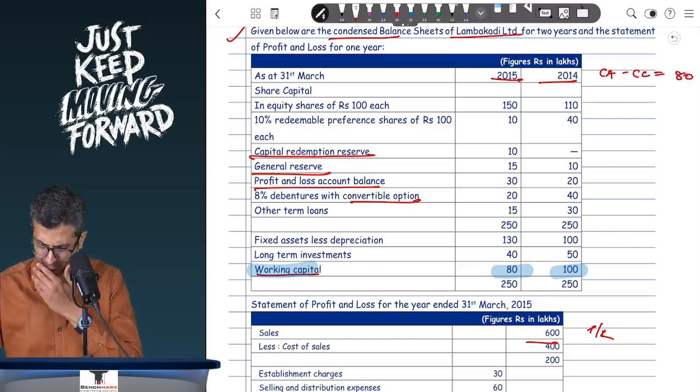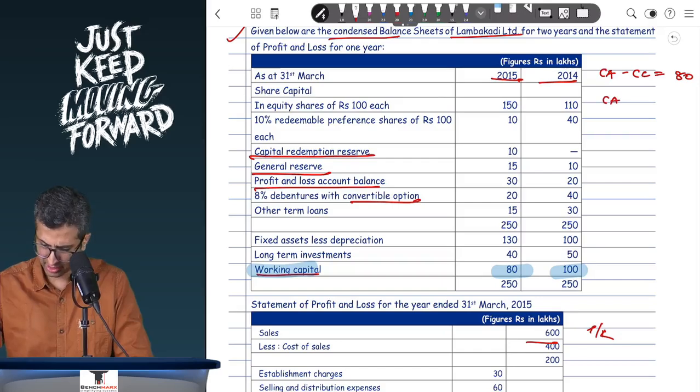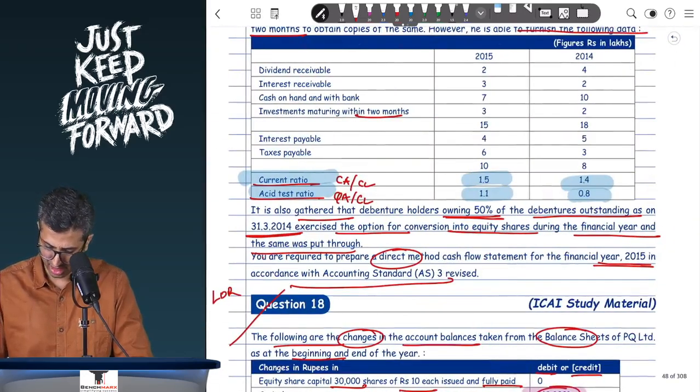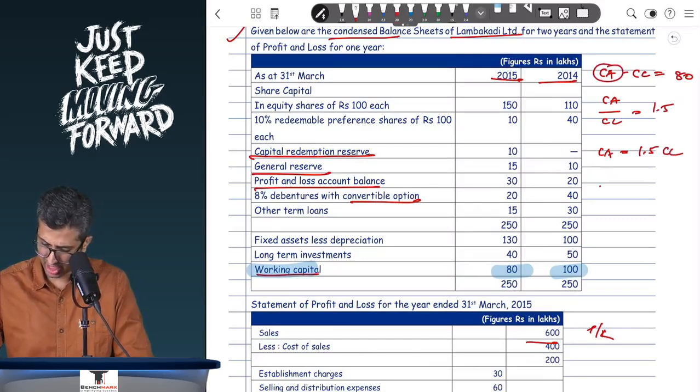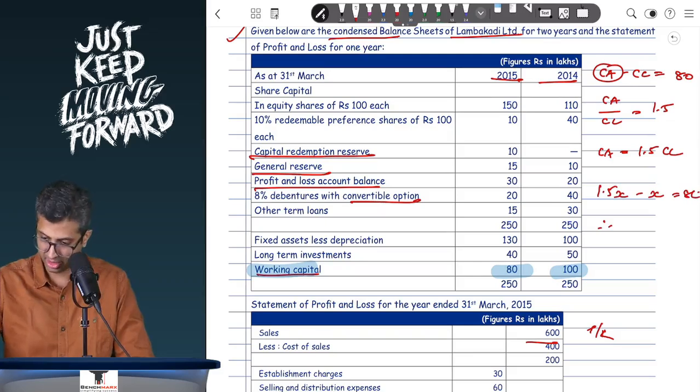Now can I say that means if my current assets divide by current liabilities is 1.5, for example, that means can I say current assets is 1.5 times my current liability, which means if I can substitute that is current liability is x, then 1.5x minus x is equal to 80, and thereby I can find my current liabilities. So this is, let's say, 80 divided by 0.5x, and hence this becomes 160, that is my current liability, into 1.5.